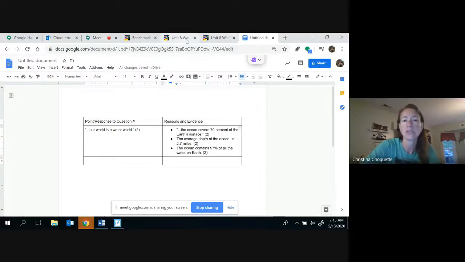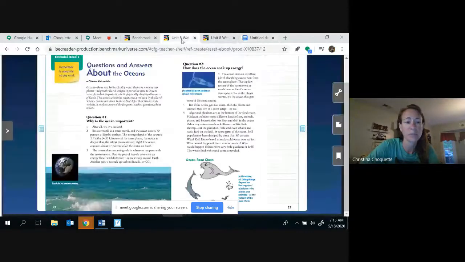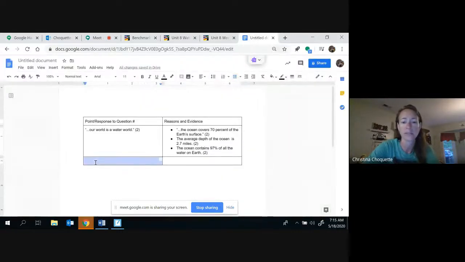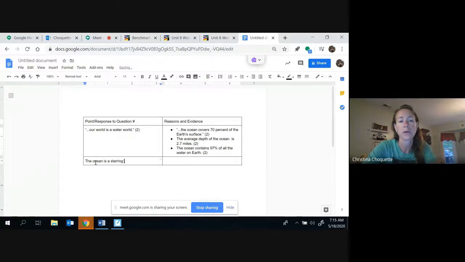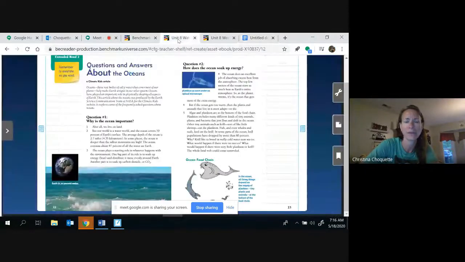Okay. And another thing that she says about why the ocean is so important is its starring role in whatever happens with the environment. The ocean has a starring role on Earth. Without the ocean, what would Earth be like? It would be completely different.